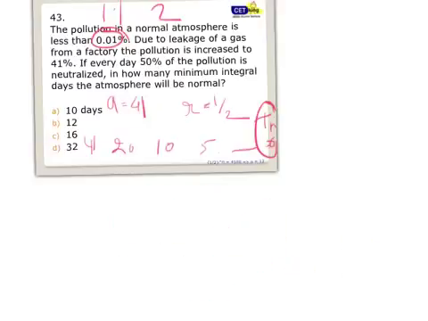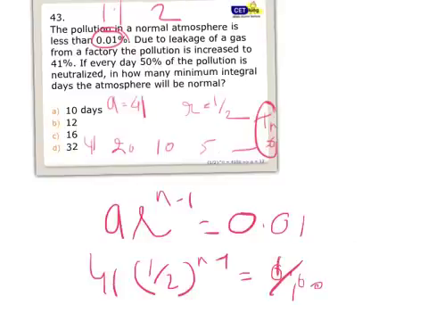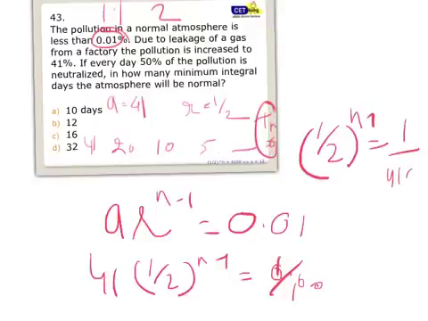Sorry, n term निकालना है. तो a r to the power n minus 1 should be 0. जीरो आता तो 0.01 तो ये वैल्यू है. r which is half to the power n minus 1 should be a कितना 41, 1 by 100. So half to the power n minus 1 should be 1 by 4100.